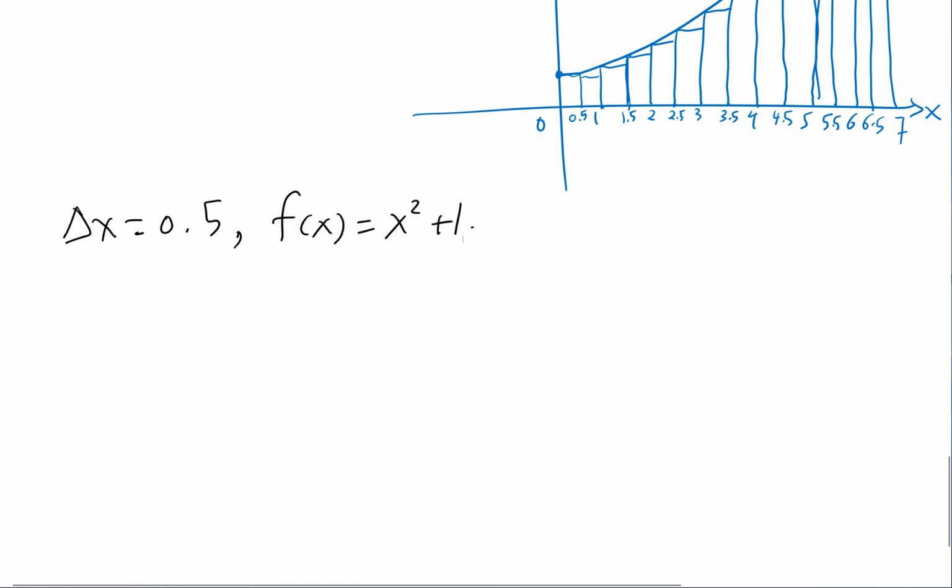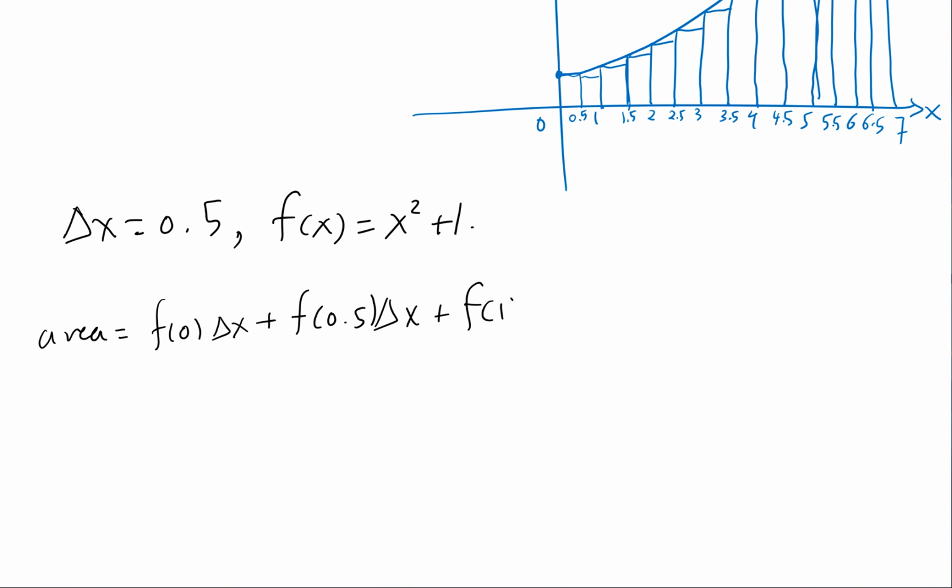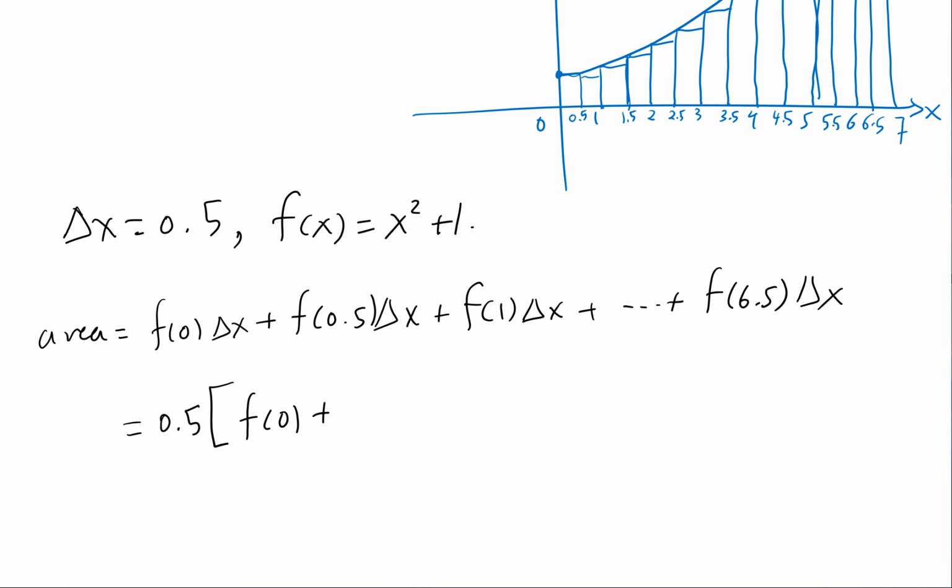So if we go through the calculations, we start by saying the area under the curve equals f of 0 delta x plus f of 0.5 delta x plus f of 1 delta x, all the way till the one before the last one, which is 6.5 delta x. And notice something you can do. You can take delta x out, which is 0.5, and you don't have to do it with every single one of them.